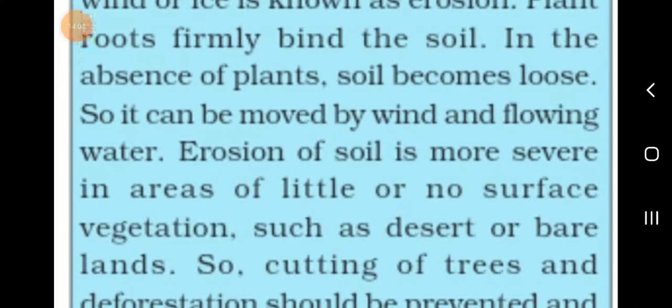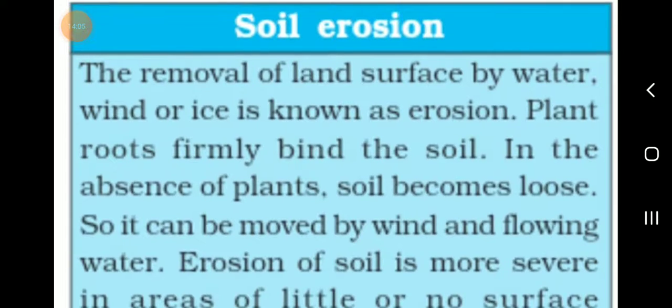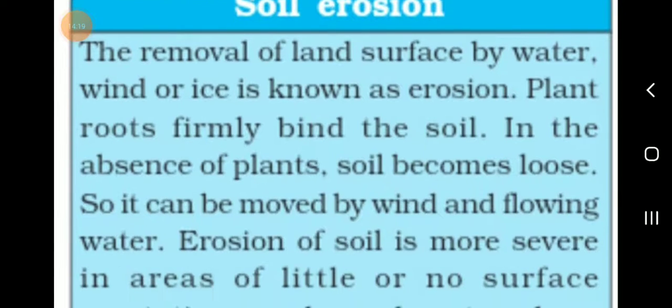Next is soil erosion. What is meant by soil erosion? Do you remember, students? The removal of land surface by water, wind or ice is known as erosion. The plant roots firmly bind the soil.